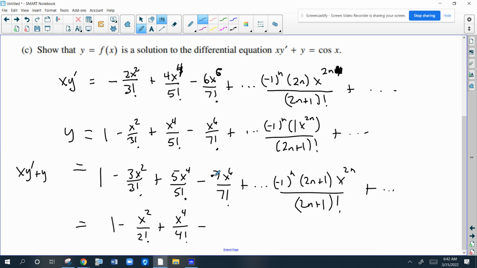So x to the 6 over 6 factorial, all the way up to this general term, where the 2n plus 1 would cancel, so I would have over 2n factorial.